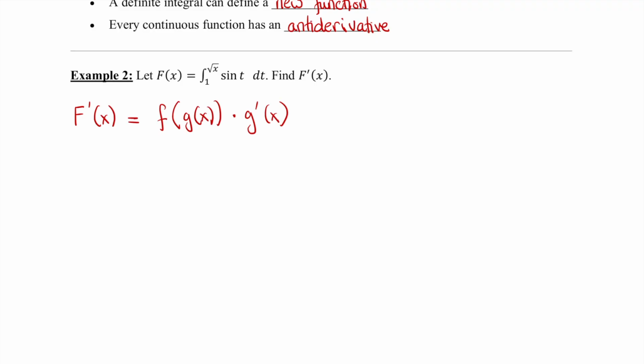So we use this formula, big F prime of x equals small f of g of x times g prime of x. Now let's identify each part. Small f of t is sine of t, and g of x is square root of x. Now I replace the function small f with sine.